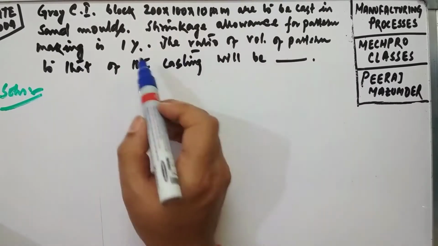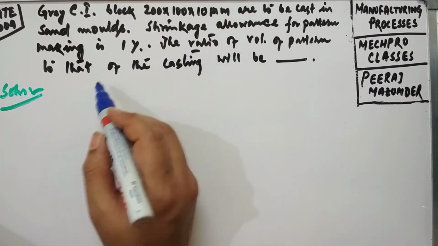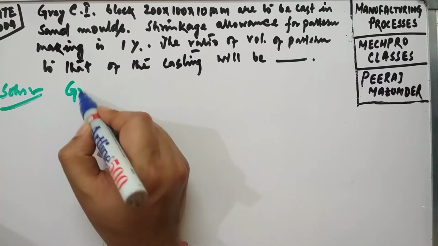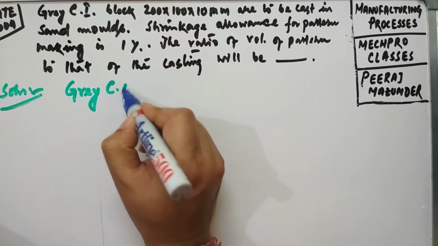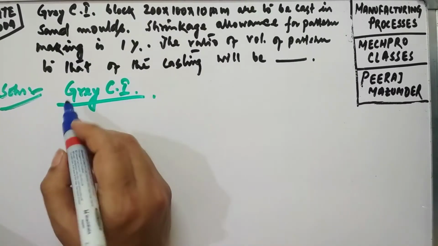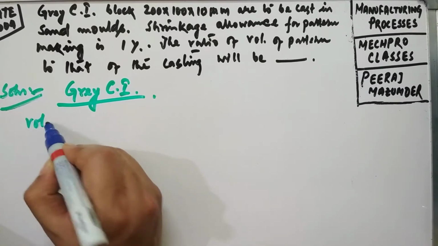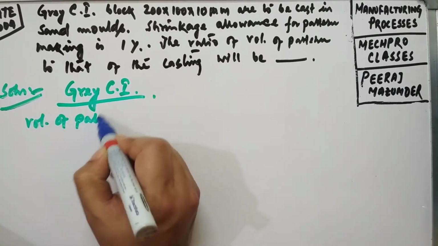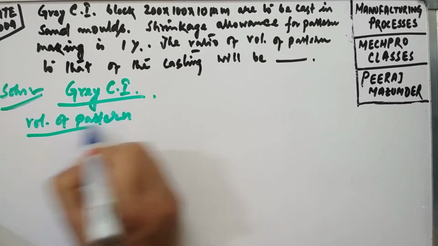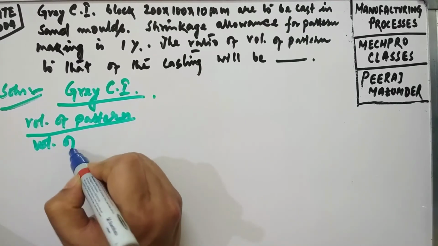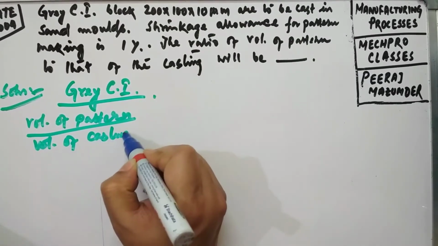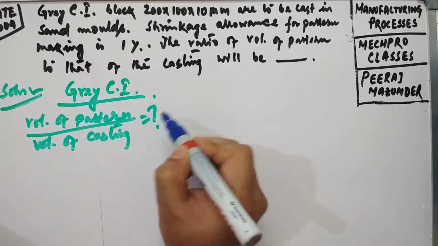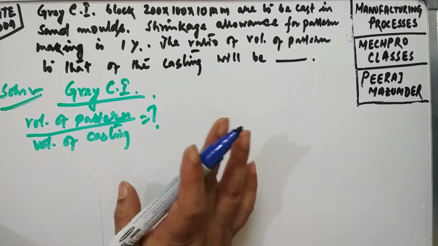It has asked the ratio of the volume of pattern to that of the casting. So first you will write gray cast iron, and we have been asked to find the volume of pattern to the volume of casting. That will be our objective, to find this ratio.